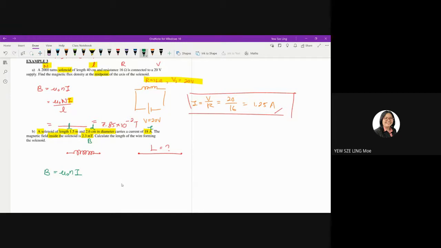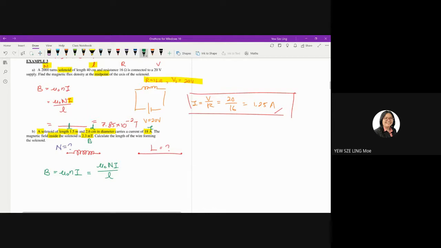Obviously, I don't have. So I'm going to expand this equation to become mu naught N I over l. Why? Because I want to know how many turns in this solenoid first. In order to calculate the length, you need the number of turns. You cannot determine the length without the number of turns.